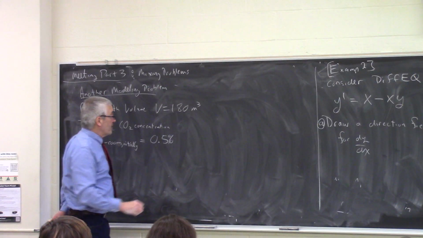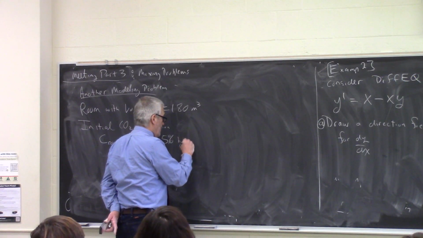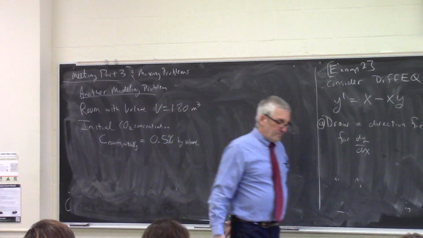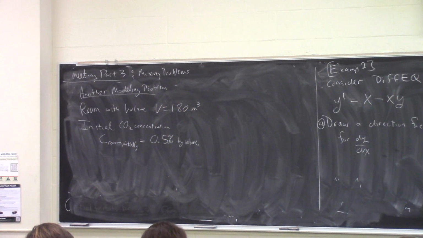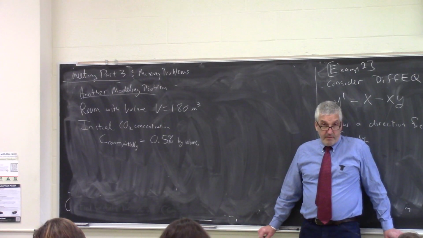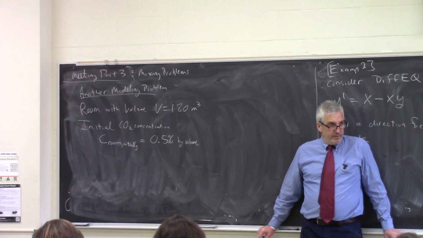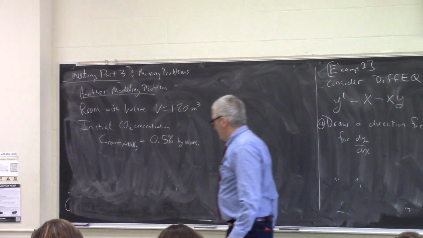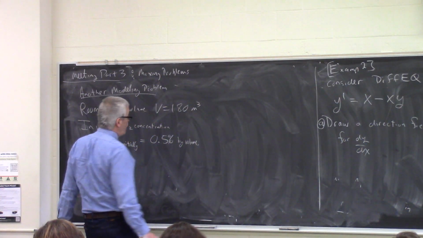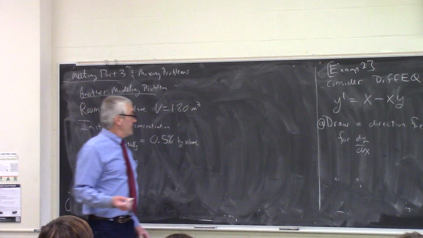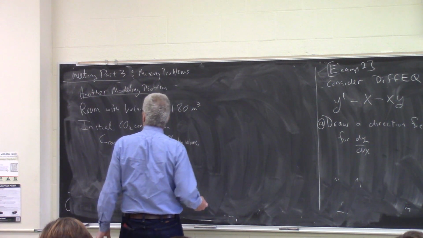Now that's by volume. So for instance, if your room volume is 180 cubic meters and your concentration of CO2 is 1%, that means that 1.8 cubic meters of CO2 are in this room. So this would mean that 0.9, so initially the amount of CO2 in the room is 0.9 cubic meters.